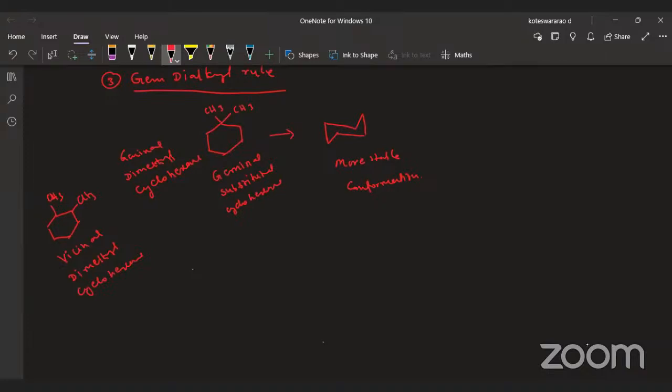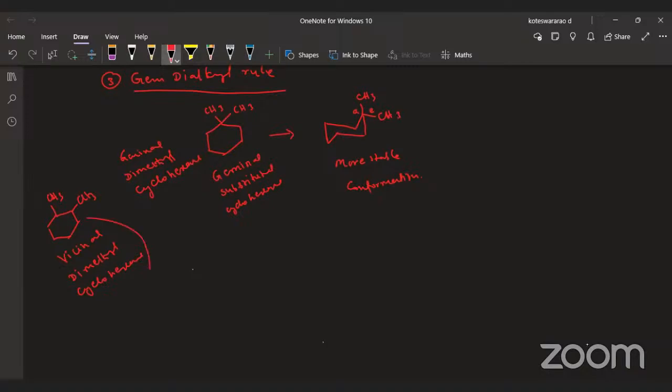Now when we compare the vicinal and geminal, suppose this is the first position, and this methyl group is here and another methyl group is like this. In the geminal case, one is axial and the other is equatorial.